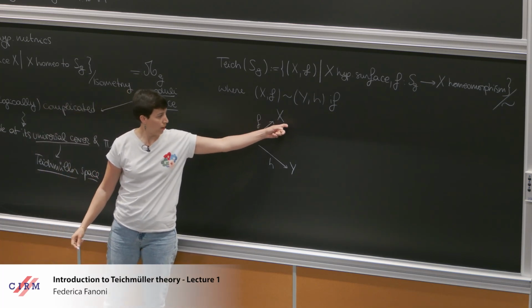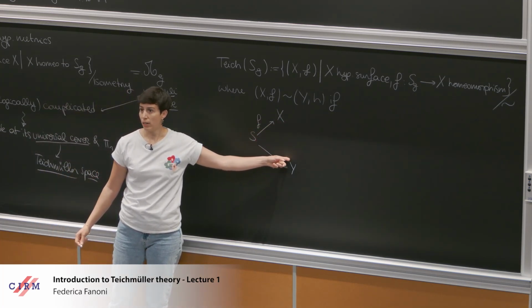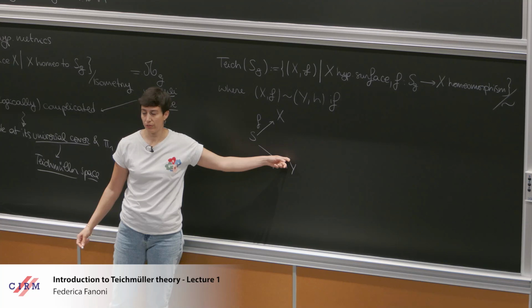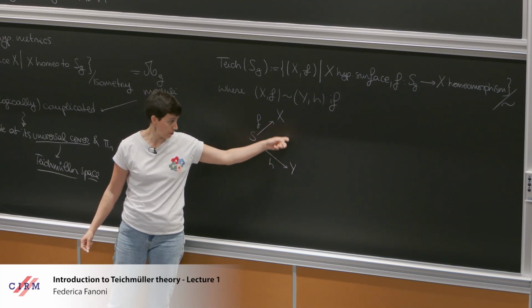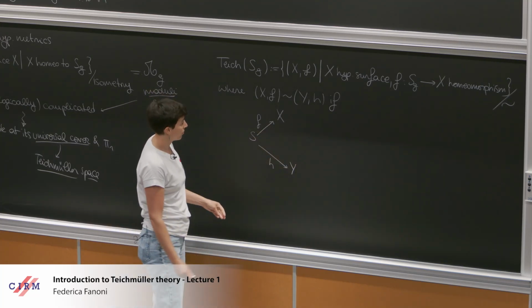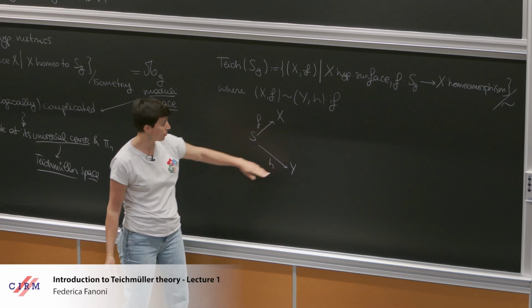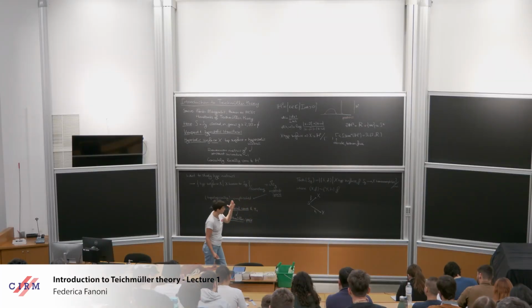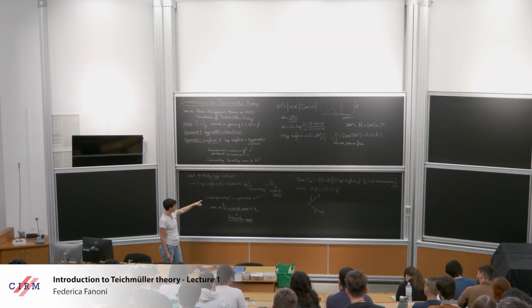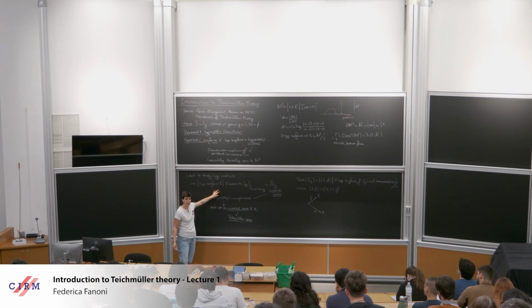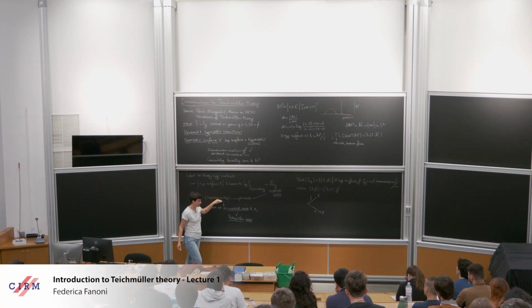These two are hyperbolic surfaces, so I can talk about isometries between them. What I require is not just that there's an isometry between them, but something weaker. If I just ask for an isometry, we quotient down by isometry and go back to moduli space. So I need a slightly weaker equivalence relation to get something that's a cover of this.